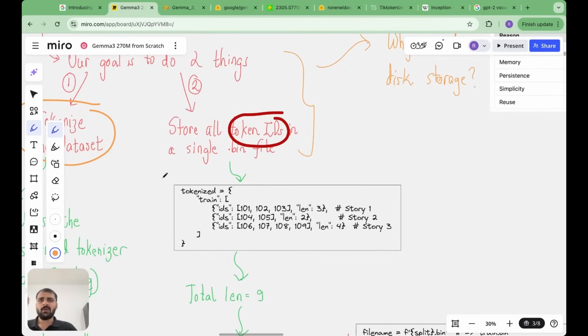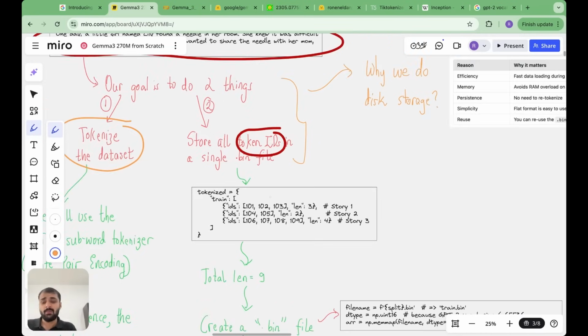Because later when we are looking at input output pairs, I will create my input output pairs from my token IDs. Now we are going to implement a smart strategy when storing these token IDs.